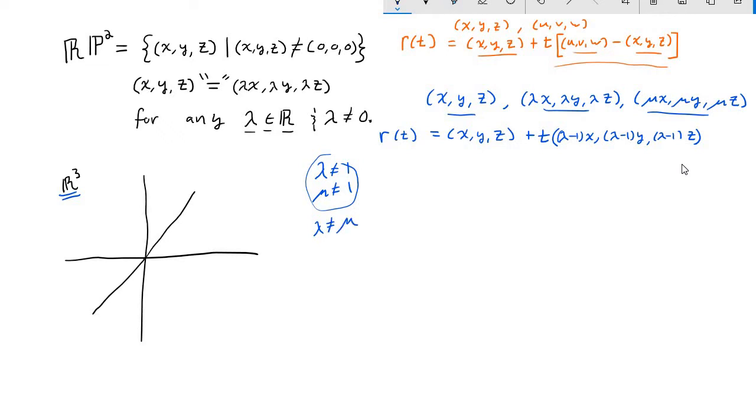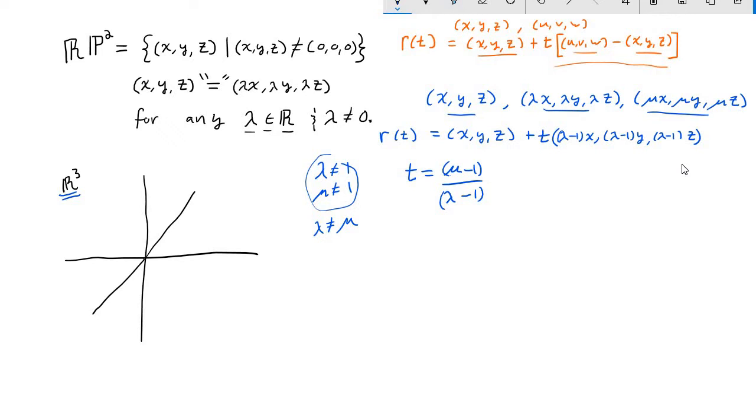Okay. If we look at this equation, because lambda is not equal to 1, we know that lambda minus 1 won't be 0, so we can't be dividing by 0. So I could take t to be equal to mu minus 1 divided by lambda minus 1.